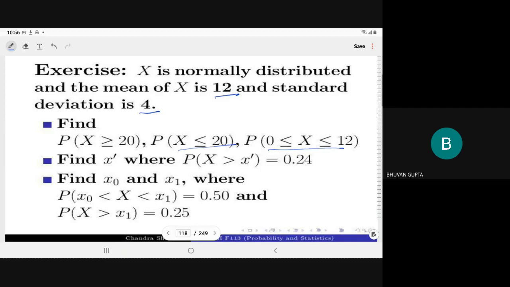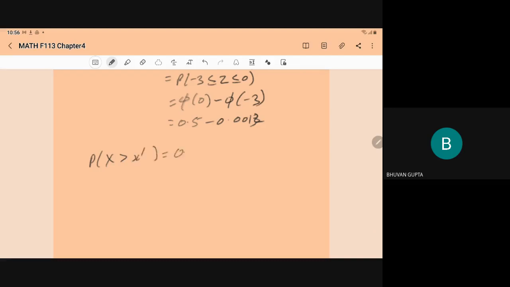Now if you have to determine the x dash where probability x greater than x dash is equal to 0.24. So probability (x minus mu) upon sigma greater than (x dash minus 12) upon 4 is equal to 0.24. So probability Z greater than (x dash minus 12) upon 4 is equal to 0.24.